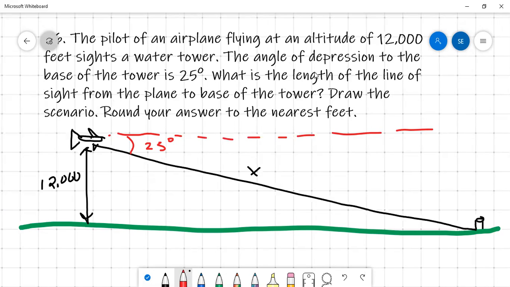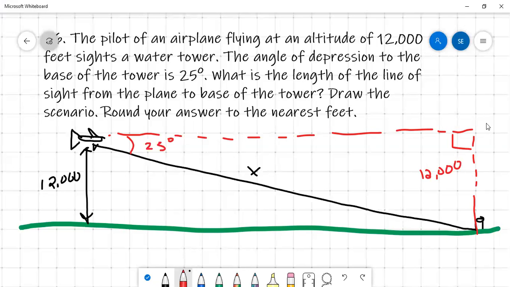So we want to know what x is, and I just completed this triangle over here with the altitude. You can draw any of these triangles actually, but we have a triangle here. This is a right triangle. This is 25. This side here is going to be the same as this side here. So this is going to be 12,000.